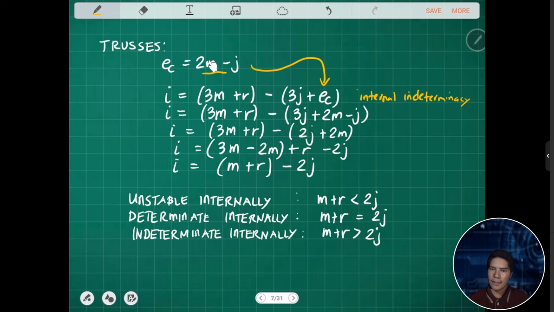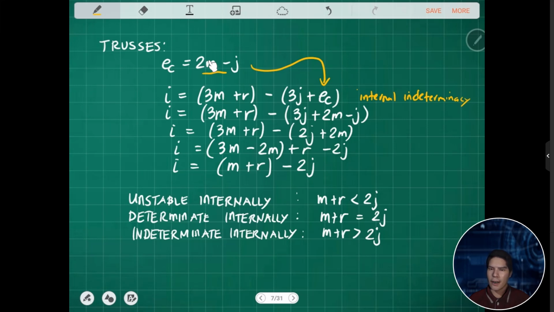No? So we simplify that, we have 3m plus r minus 2j plus 2m. No? And then we combine like terms, so we have 3m minus 2m plus r minus 2j. So now we have the formula for solving the degree of indeterminacy for the truss. We have m plus r minus 2j.